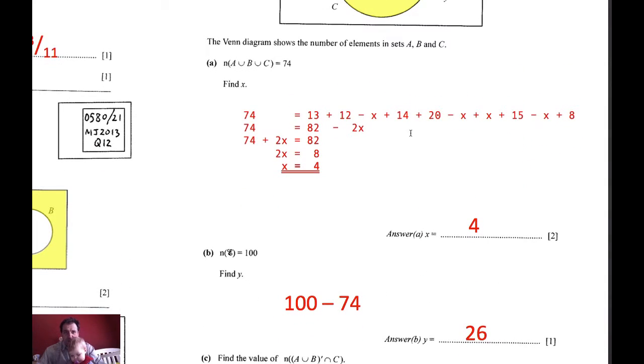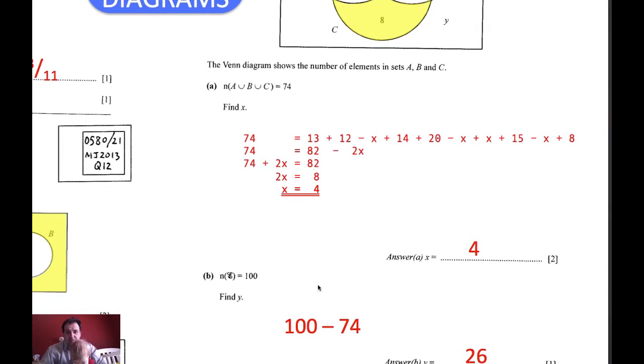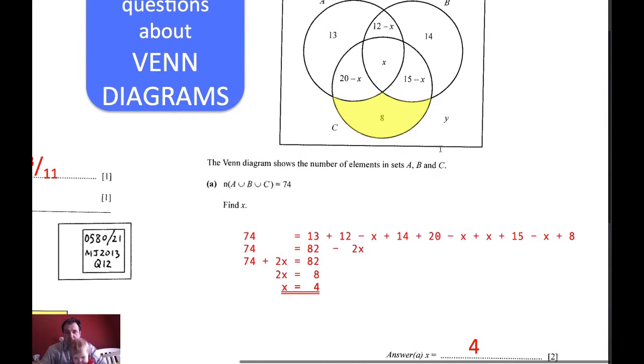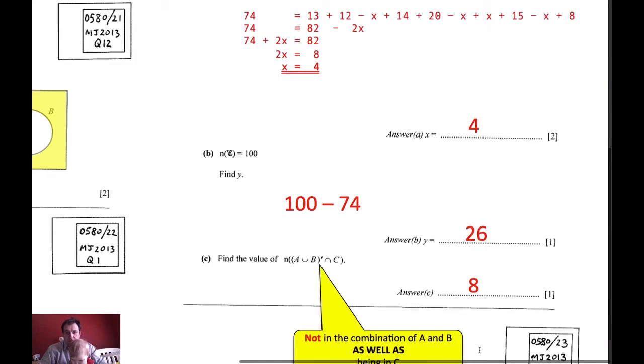Well, they told us that everything in A, B, and C adds up to 74. And then they're telling us that everything in the whole universal set, the universe of this problem, adds up to 100. So that means that the bit on the outside that's not in A or B or C must be 100 minus 74, and that's 26.